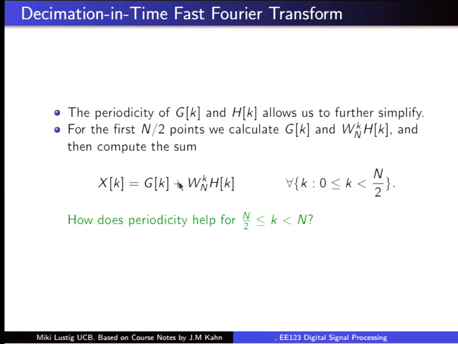Great. What about the next part? How does this help us to compute the next part? We computed for all these k's already. We're going to compute for the next k's. Let's say our n was 8. We computed for 0 to 3. Now 4 to 8. How can we exploit this?